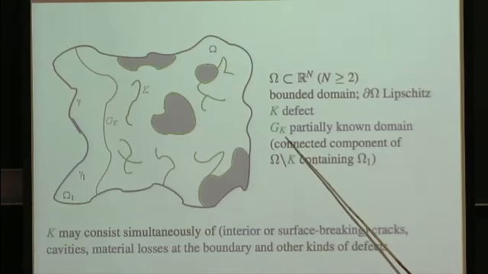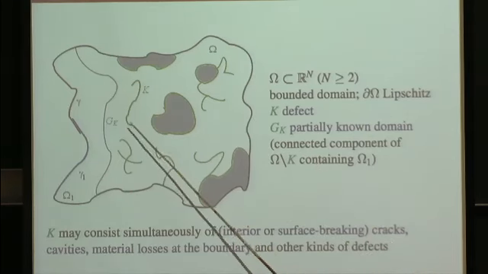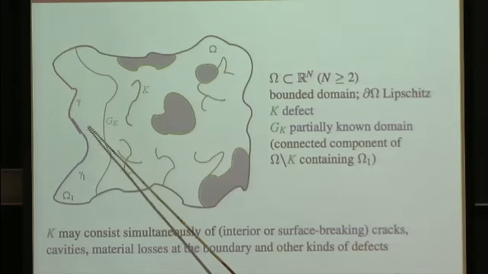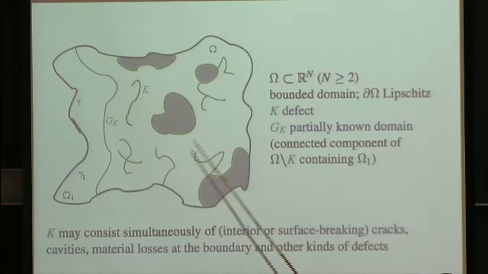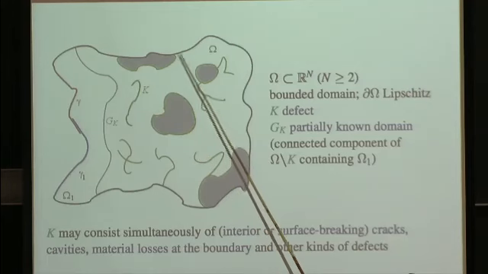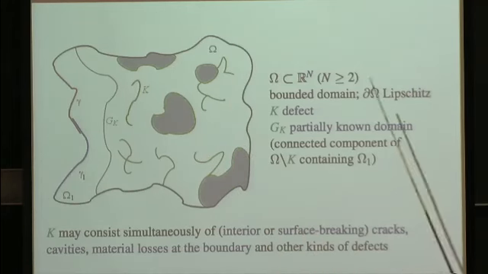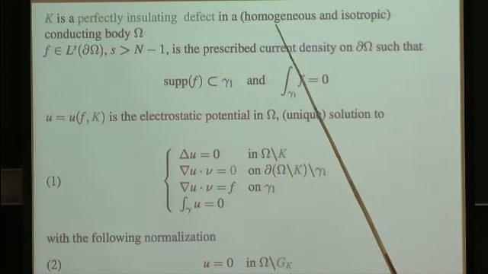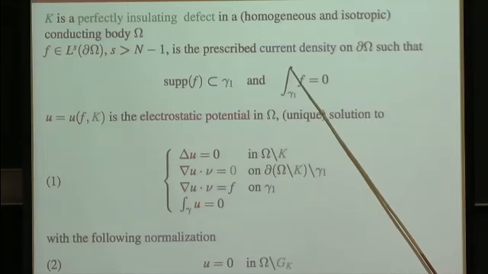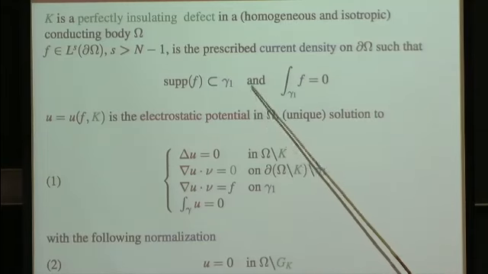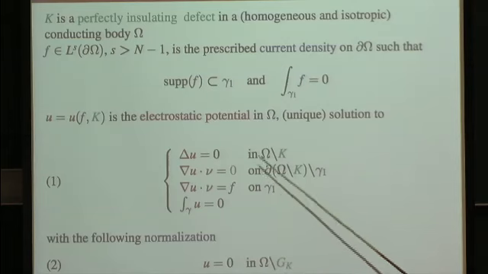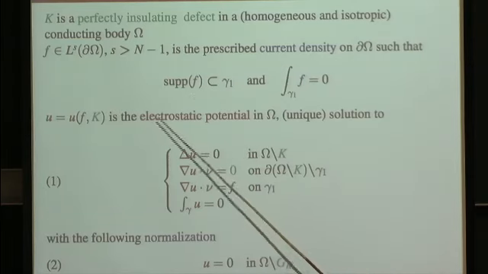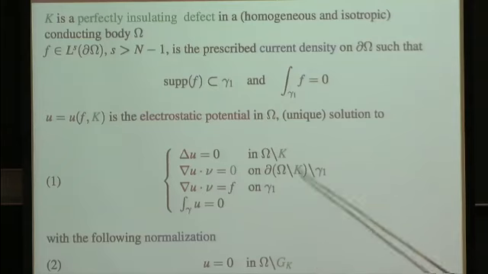And I'm denoting by GK the domain which you can reach from this part where you have measurements without crossing K. So essentially it's omega minus K and minus these gray parts which are the other connected components. Okay. So the forward problem is the following. I'm assuming that the defect is perfectly insulating, and I'm prescribing a current density F with some compatibility condition which is supported in gamma 1, and then this gives rise to an electrostatic potential in omega, which is the solution to the following Neumann type boundary value problem.